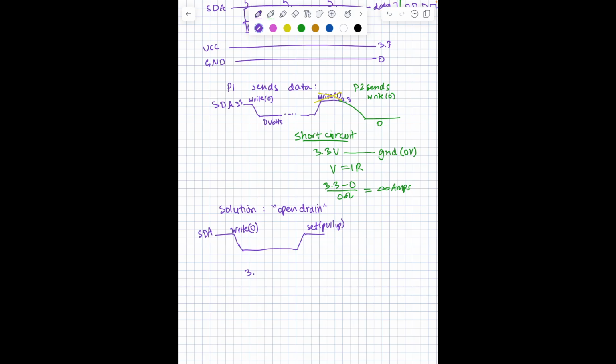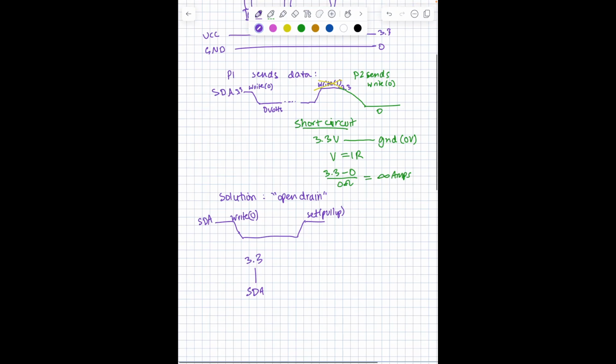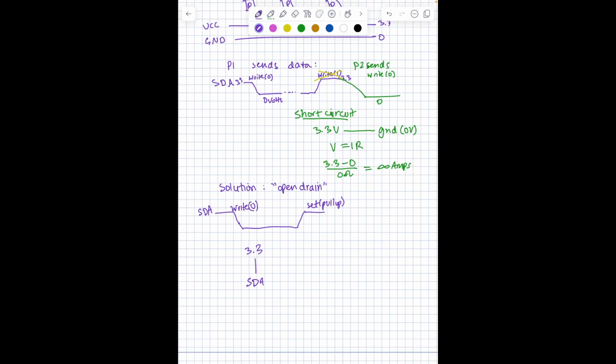When you write 1, you literally just connect SDA directly to 3.3 volts, maybe through transistors, but it's essentially the same as directly connecting it. This is what happens when you write 1. When you set pull-up, these are just assumed functions you have in your GPIO library.